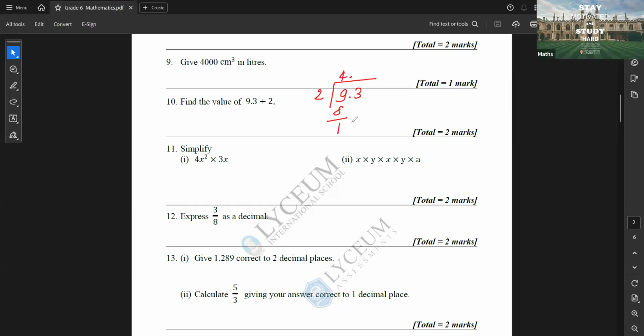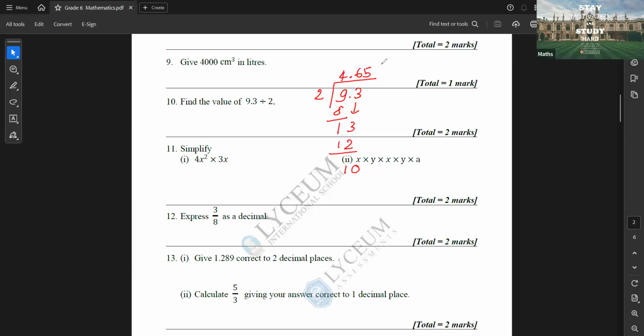So 3 you have to take down. So 13, how many 2s? 2 times 6 is 12, remainder is 1. So you have to take a 0 for 10, 2 times 5. So the answer is what? 4.65.